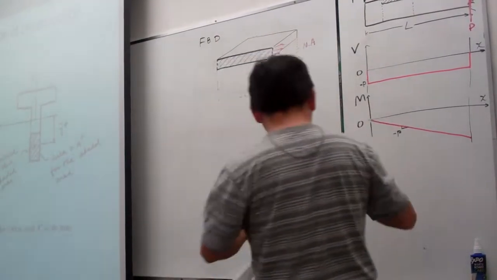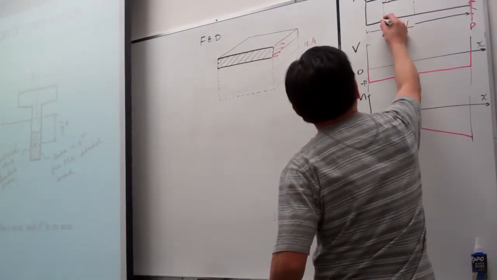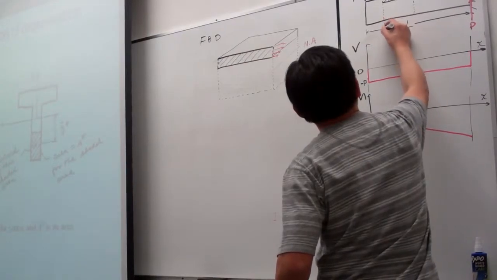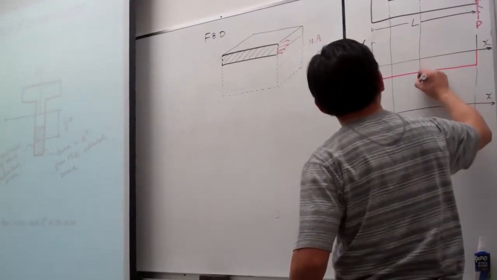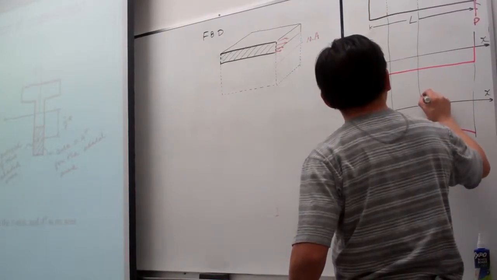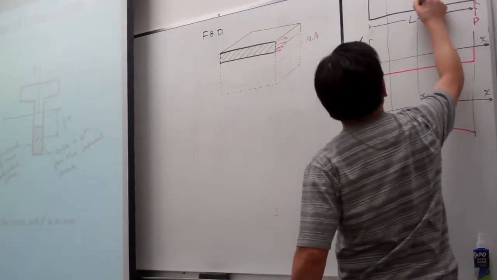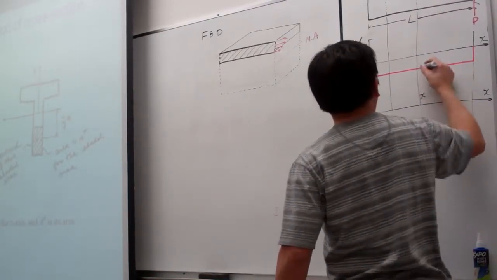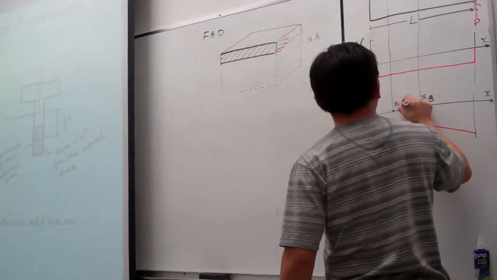So this is the bending stress. And say, for example, here, this side corresponds to those positions. So let me highlight it here. Let me call this point A. This is point B. This position is XB, and this is XA.